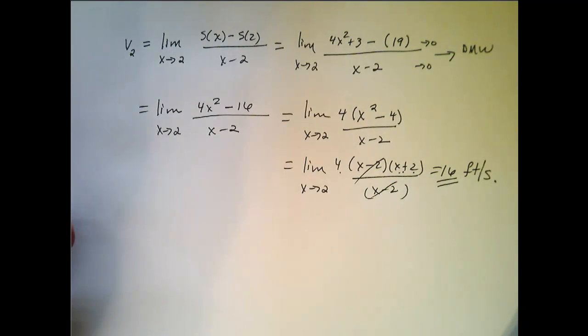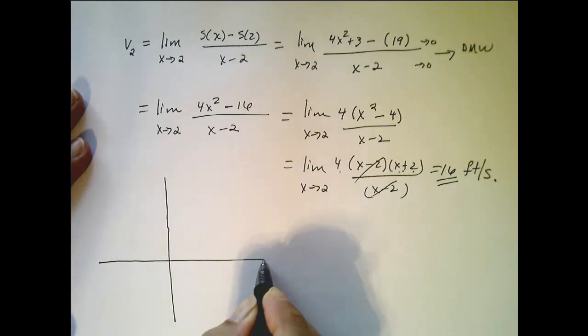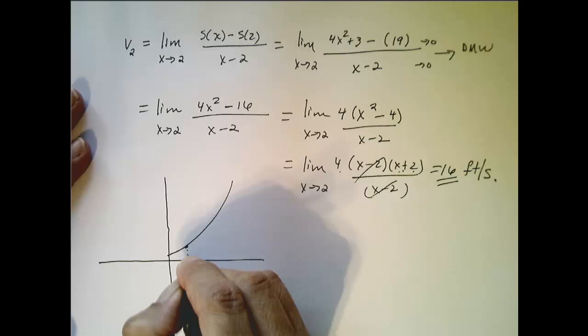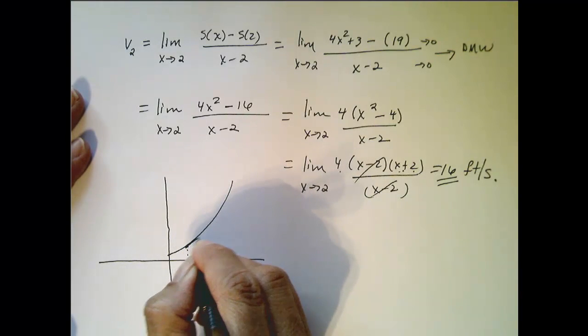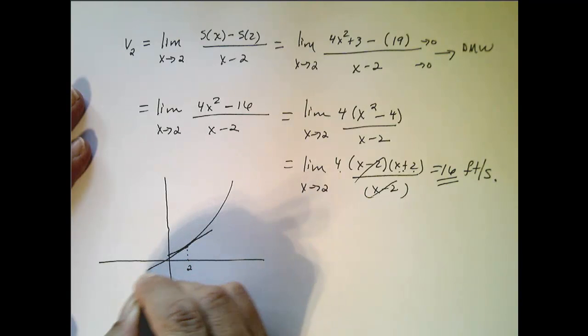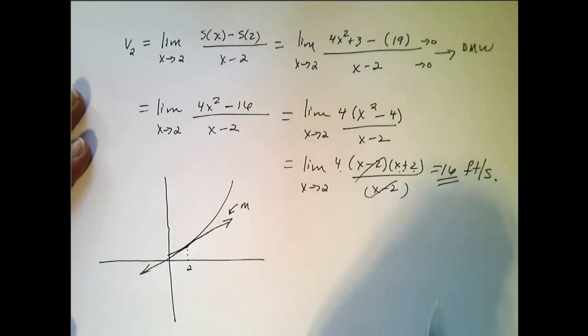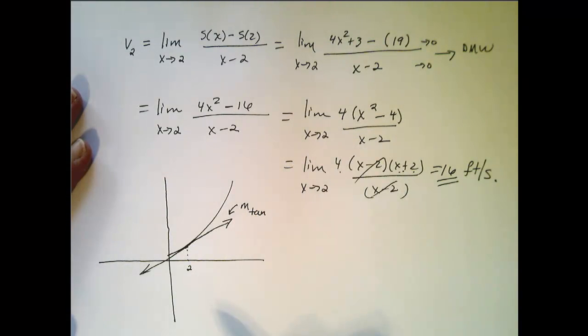Now, what does that mean graphically? It certainly isn't the slope of a secant line because I only had one point. So if I were to sketch this roughly really quickly, so there's 2. The instantaneous velocity is going to be the slope of this line right here, which is the slope of the tangent line at 2.